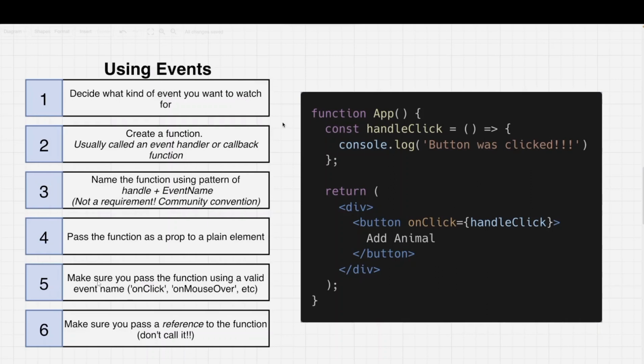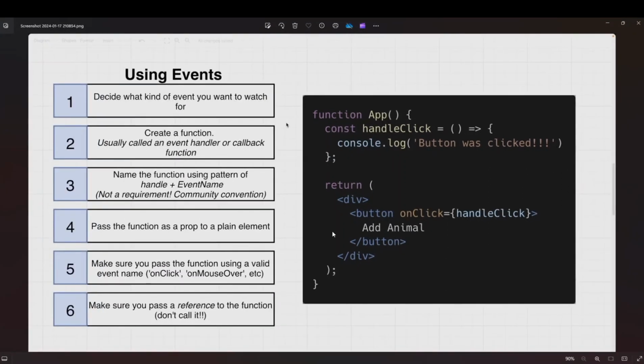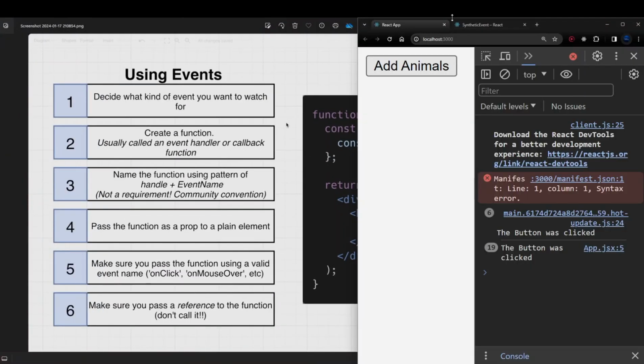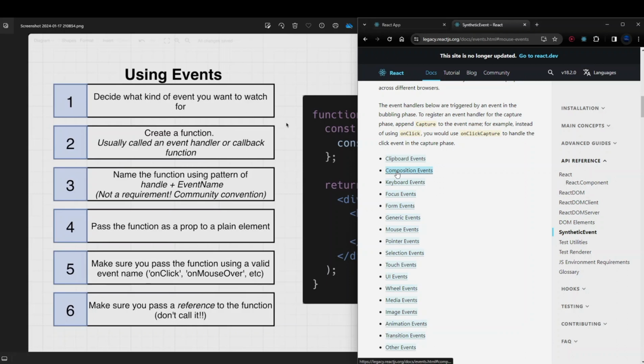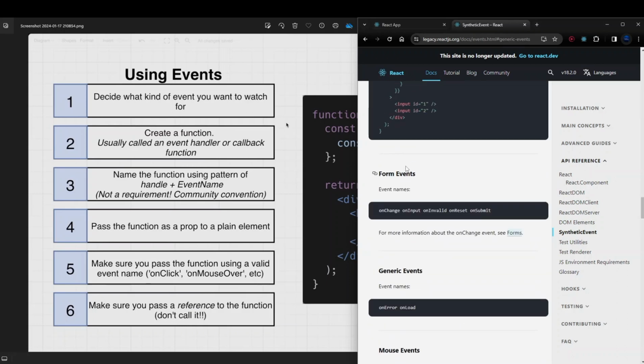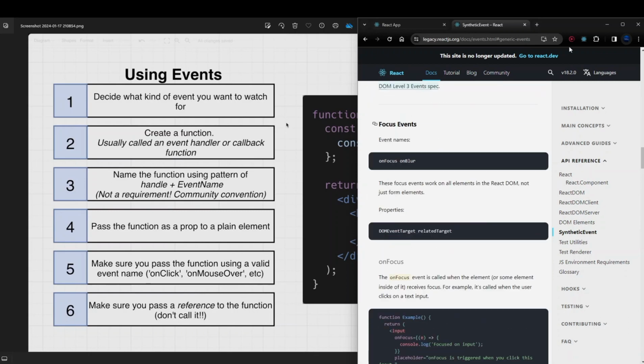And then number 5 is to make sure you pass the function using a valid event name. You have seen the valid event names, or you can read them in detail on the React official website. I have shown you here all the valid events, like generic events and others.